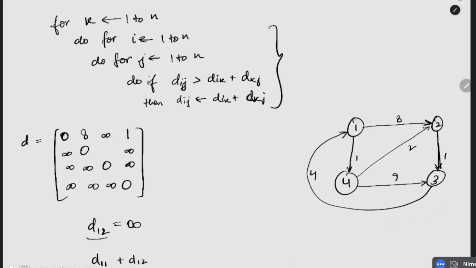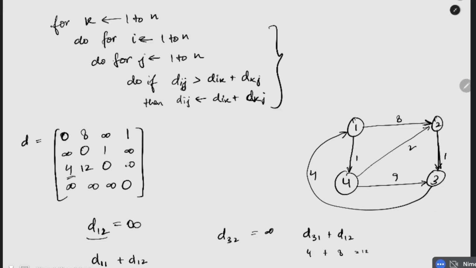We can only test for 3, so we update 3 as 1, and similarly for the next we go 4, and then we go to d32, because now this value infinity is less than. d32 is infinity, and d31 plus d12 is 4 plus 8, that is 12. So 12 is less than infinity, so we update this value as 12.